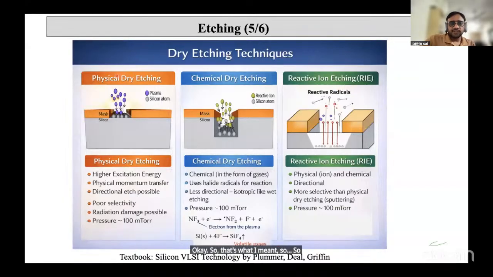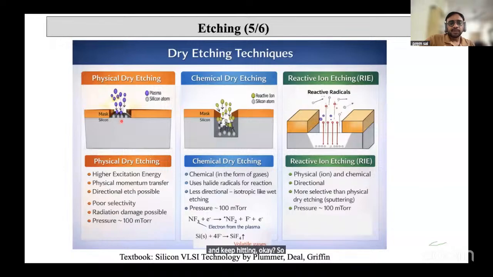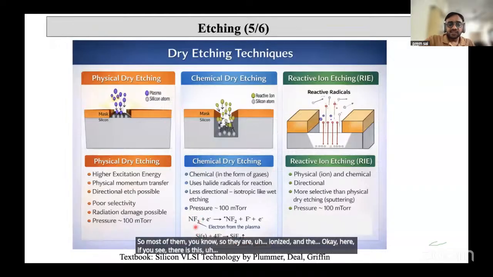Physical dry etching means create plasma and keep hitting with more excitation energy. Chemical dry etching means you make the chemical react. Most of them are ionized, and here if you see there is a fluorine based gas which is dissociated, and it will form radicals.